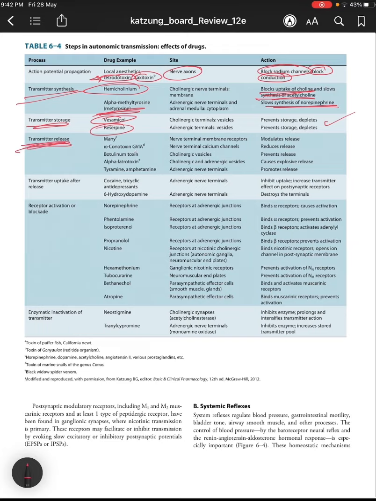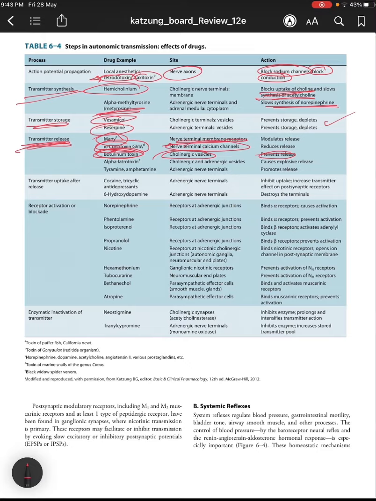Coming to transmitter release, botulinum toxin only acts on cholinergic vesicles and prevents the release, whereas many neurotransmitters act at this level at nerve terminal membrane receptors and modulate the release. And we have a toxin of marine snails of the genus Conus, that is conotoxin.